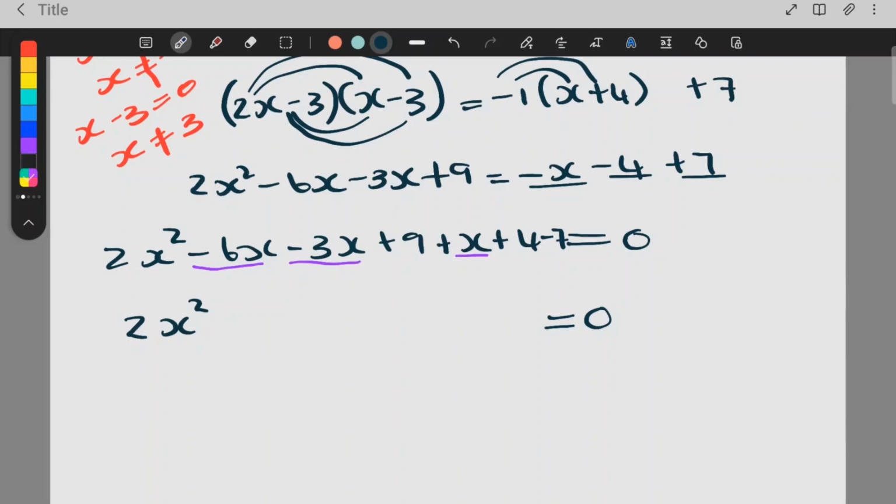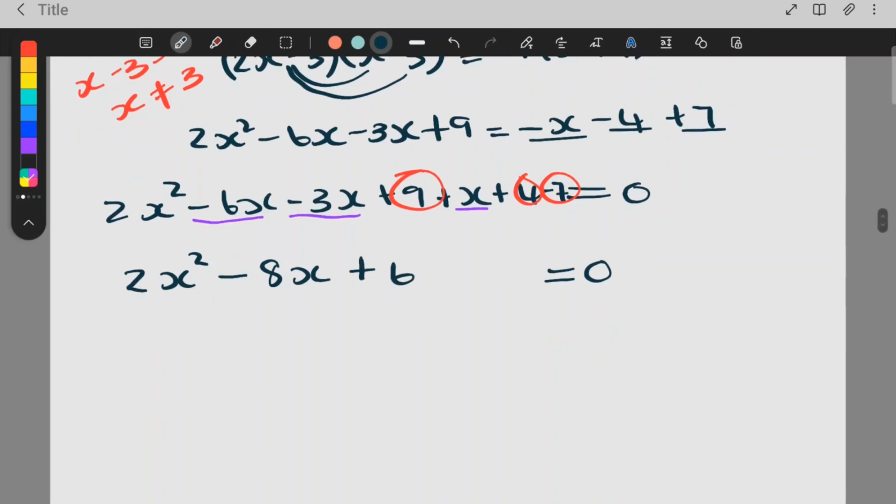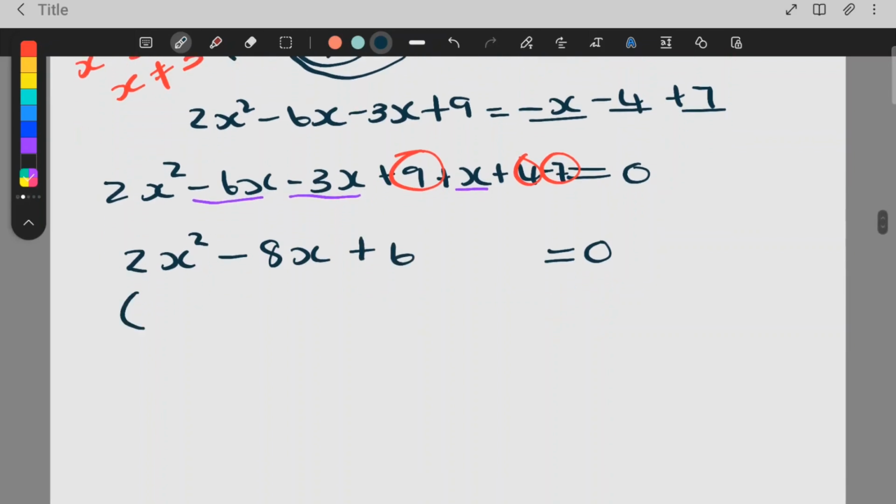There I get a negative 8x. And then let's look. 9, 4, and 7. That will give me plus 6.